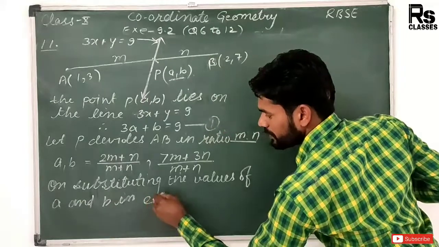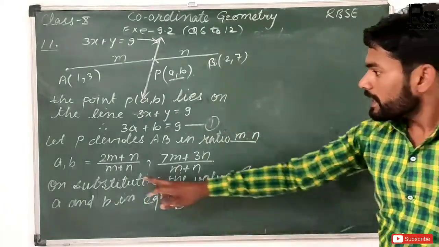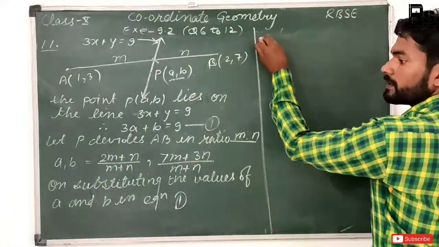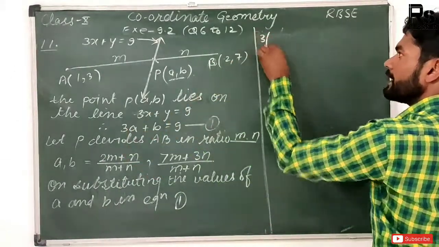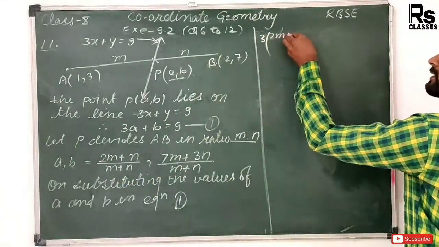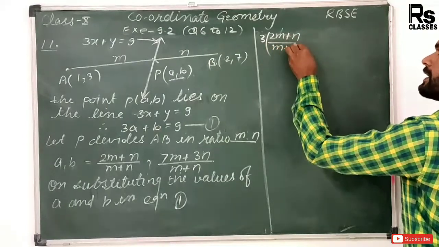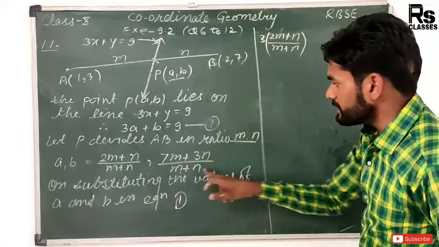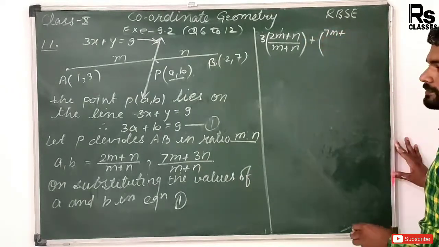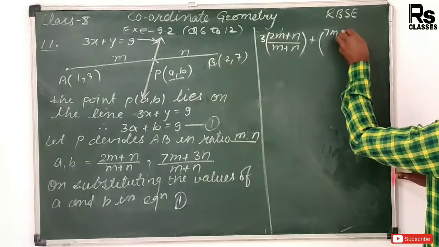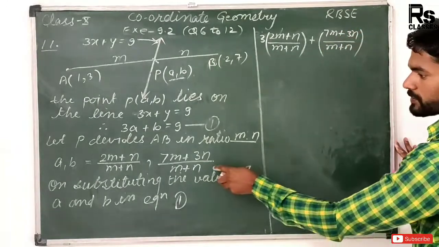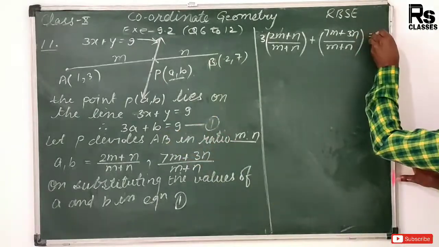in equation first, A is 2m plus n upon m plus n. So 3 into 2m plus n upon m plus n, plus B is this, 7m plus 3n upon m plus n is equals to 9.